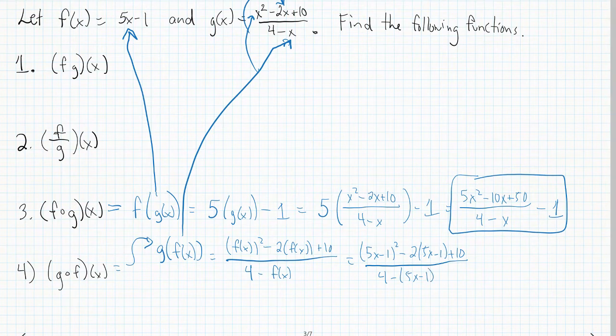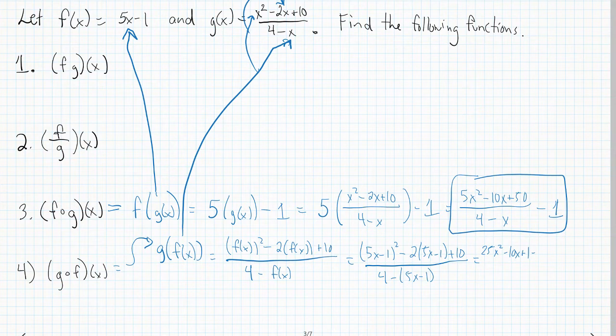Okay, so taking a look at that, what does this become? Well, 5x minus 1, the quantity squared, that's going to be 25x squared. Then you multiply 2 times the product of those two, so it'll be minus 10x. Then plus 1.